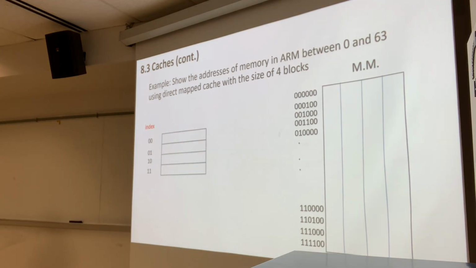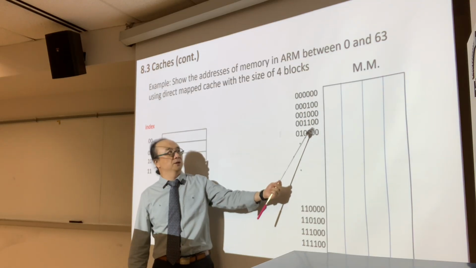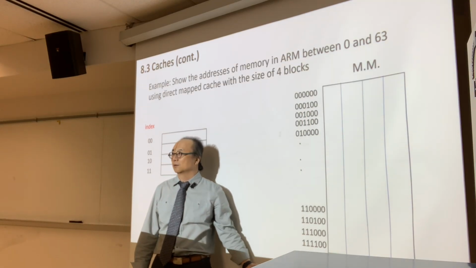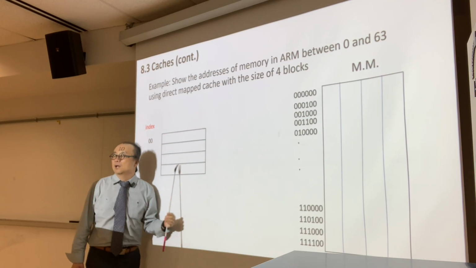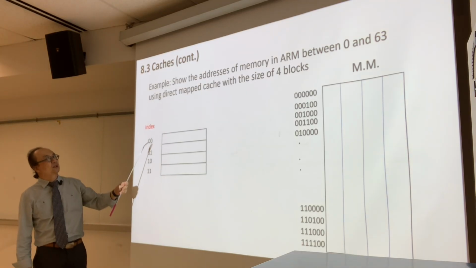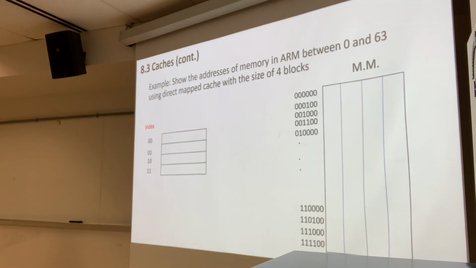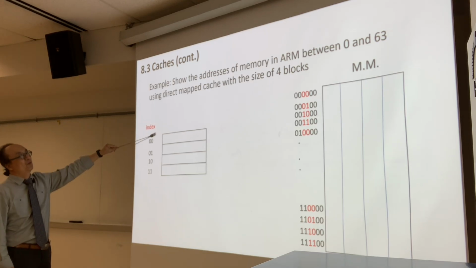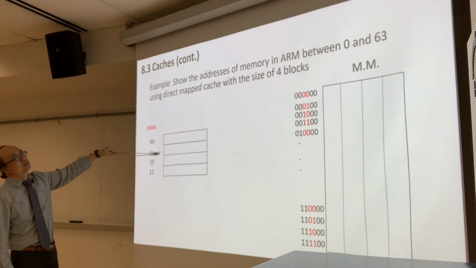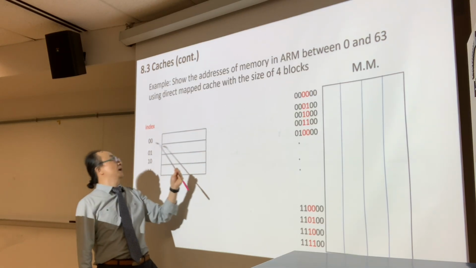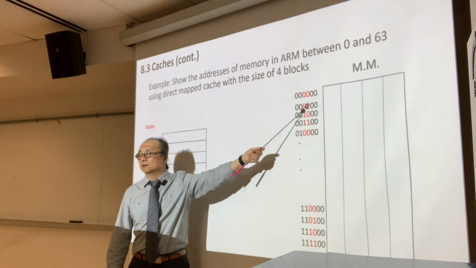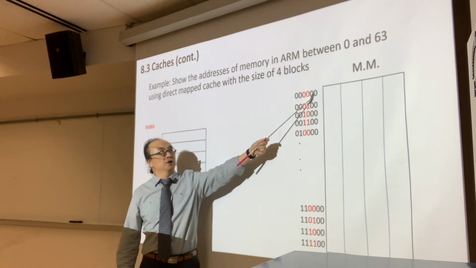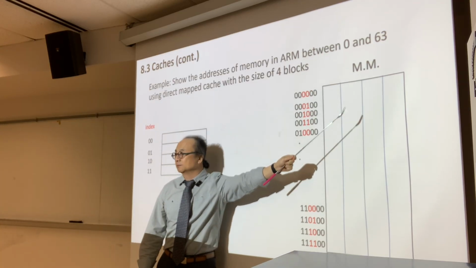Now this time, we cannot use the lower 2 bits. They are all zeros, so we cannot use the lower bits for the index. If we have 4 blocks, we need 2-bit binary numbers, and we set aside the lower 2 bits because they're all 0.